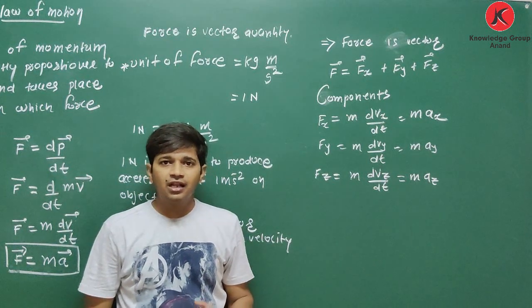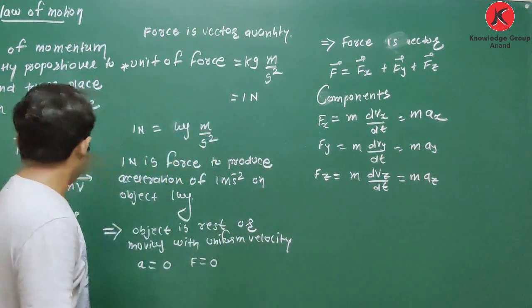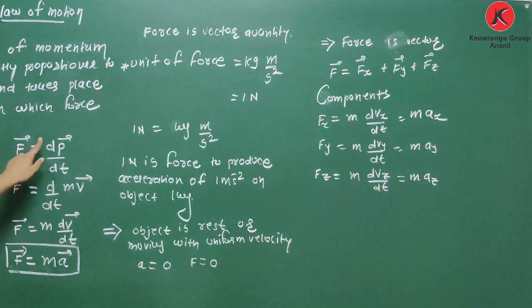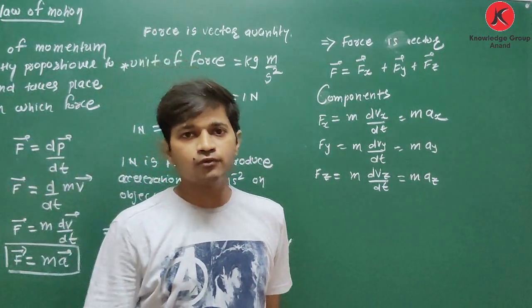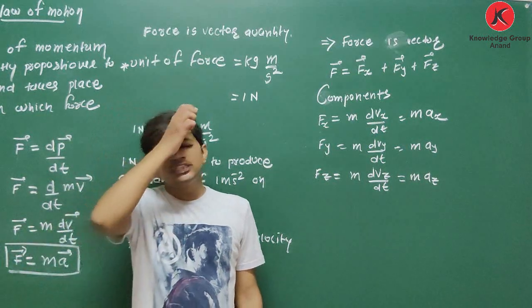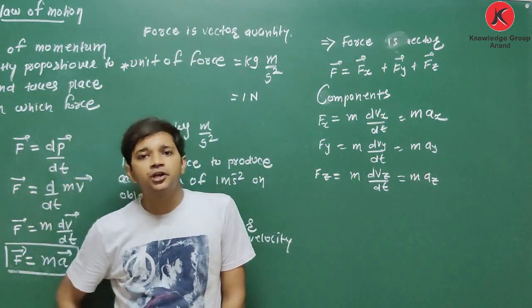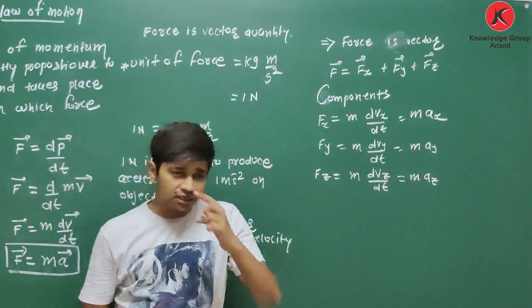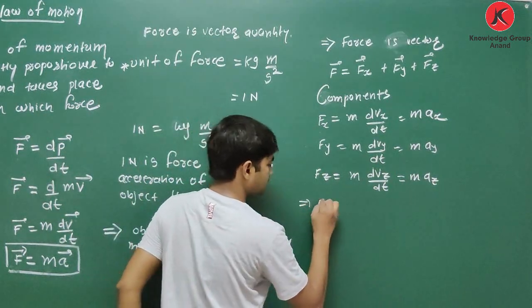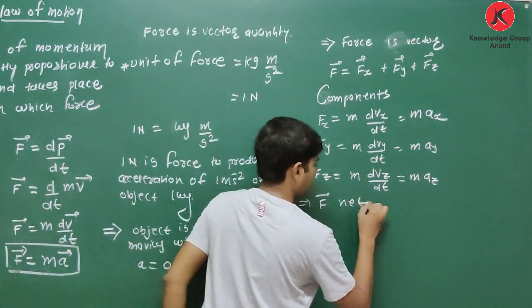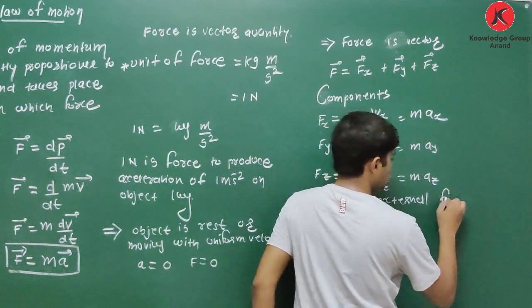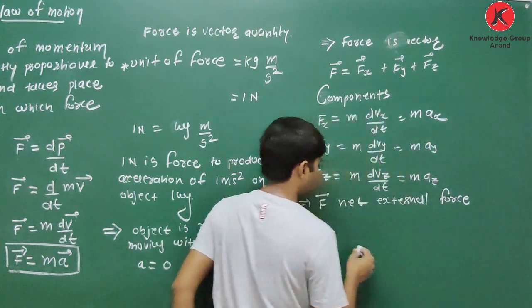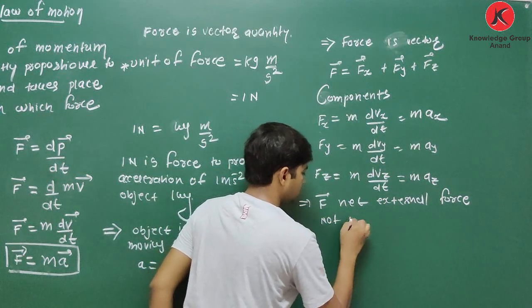Clear about this? Okay. Now, F is equal to dp upon dt, force and acceleration, this is for one particle. But for a rigid body, here this F means external force, not internal forces.